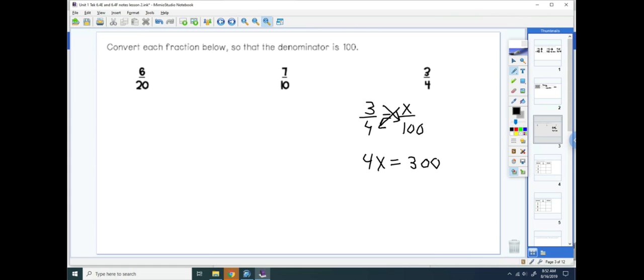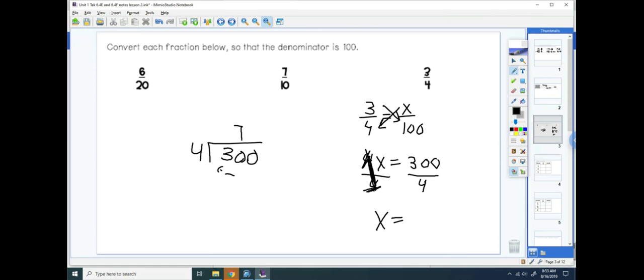So we're going to divide both sides by 4. This cancels off to 1, so x just remains. So we're going to divide 4 into 300. Well, 4 can't go into 3, so I'm going to go on to the next number. 4 goes into 30 7 times.